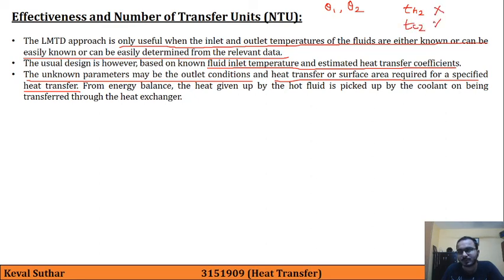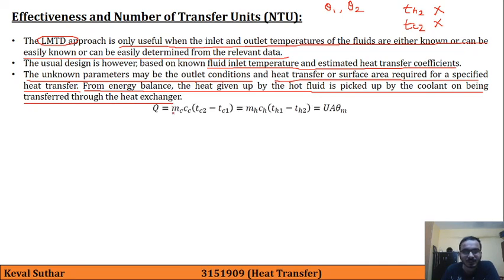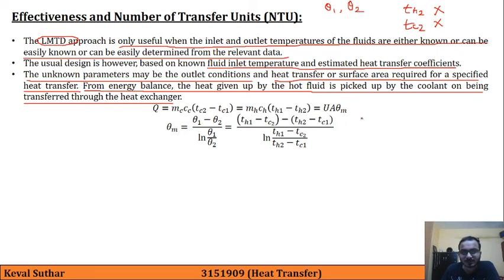In such cases, the LMTD approach becomes difficult when we have these as unknown values. From the energy balance, the heat given up by the hot fluid is picked up by the coolant on being transferred through the heat exchanger. So this is already known formula, and this is the value of theta m, and this is written for counter flow arrangement.